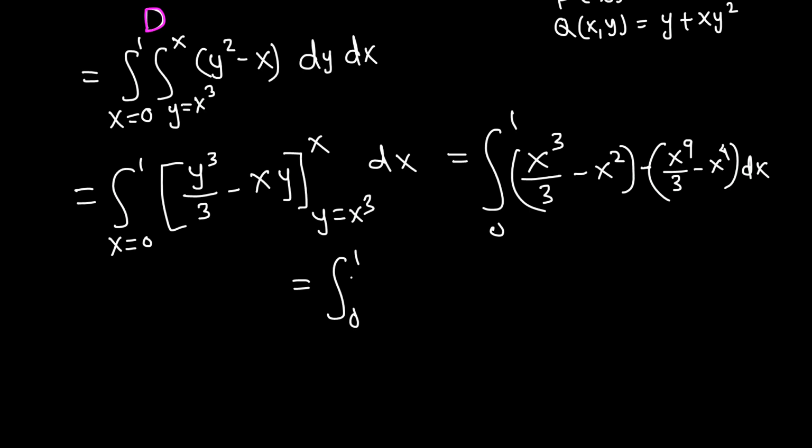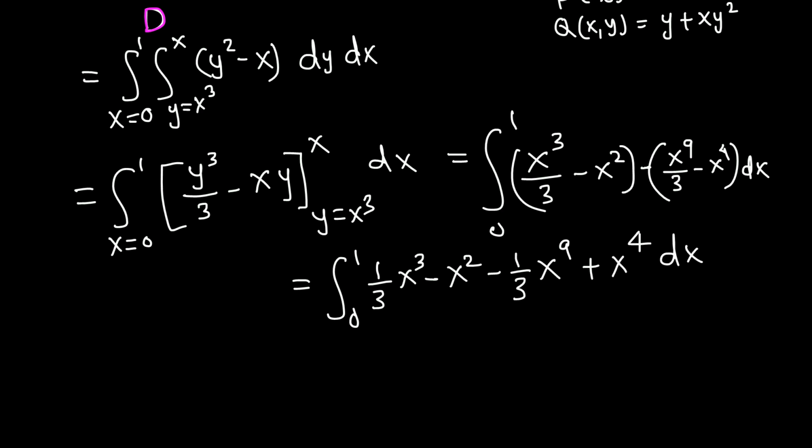Let's simplify, from 0 to 1. Here all the terms are unlike terms, so we cannot combine. So this is 1/3 x cubed minus x squared, minus 1/3 x to the 9th, negative minus plus x to the fourth, dx.